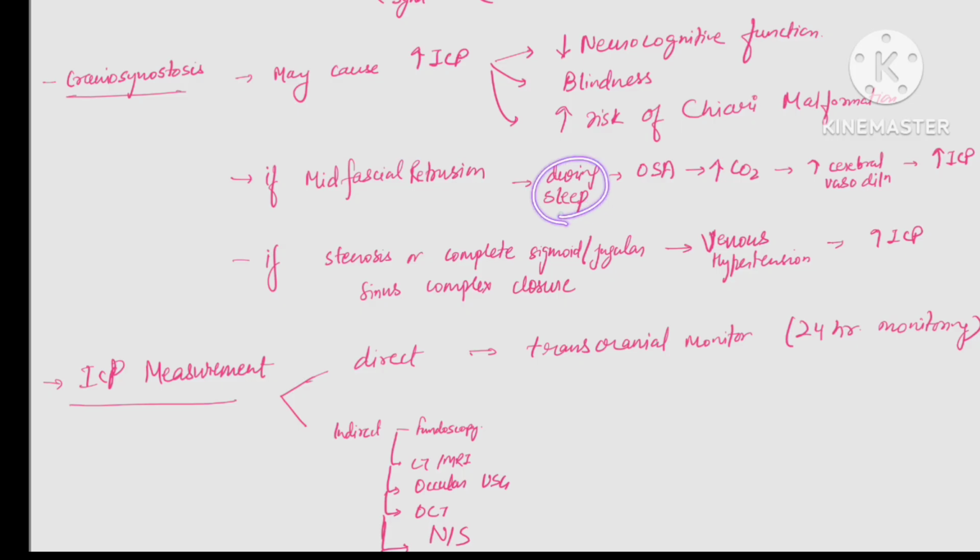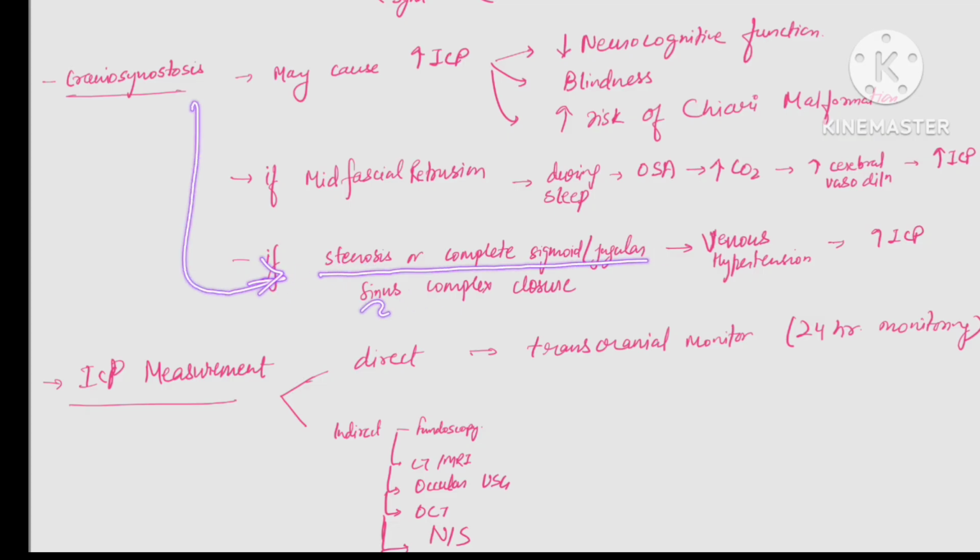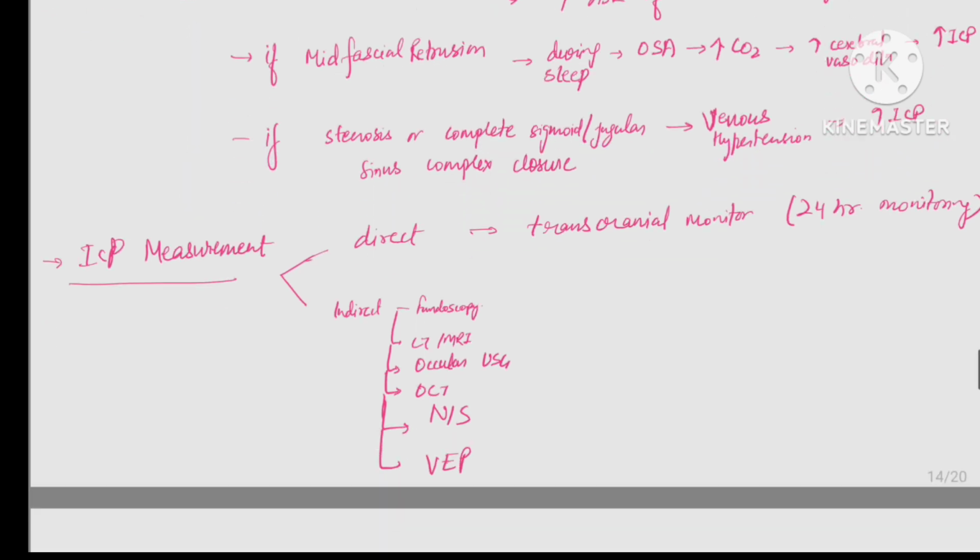So, during sleep, there is obstructive sleep apnea and increased carbon dioxide in the blood, which causes cerebral vasodilation and thus leads to increased ICP. Sometimes craniosynostosis is associated with stenosis and complete sigmoid or jugular sinus complex closure, which leads to venous hypertension and increased intracranial pressure.